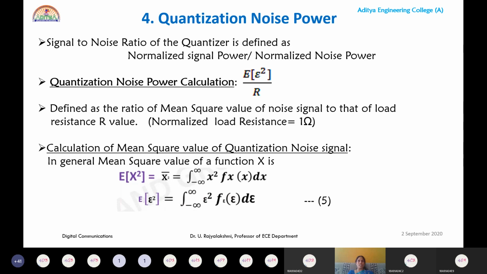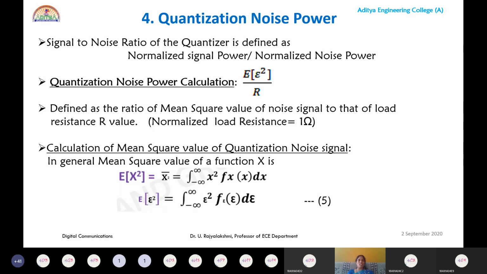But all of you please remember that the probability distribution function of quantization error exists only within the span from minus delta by 2 to plus delta by 2, because we already calculated the quantization error range, that is from minus delta by 2 to plus delta by 2. So that's why we can replace the integration limits with minus delta by 2 to plus delta by 2.